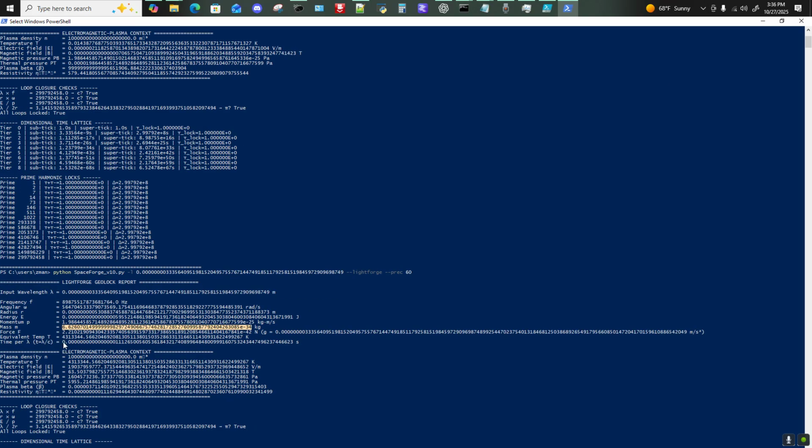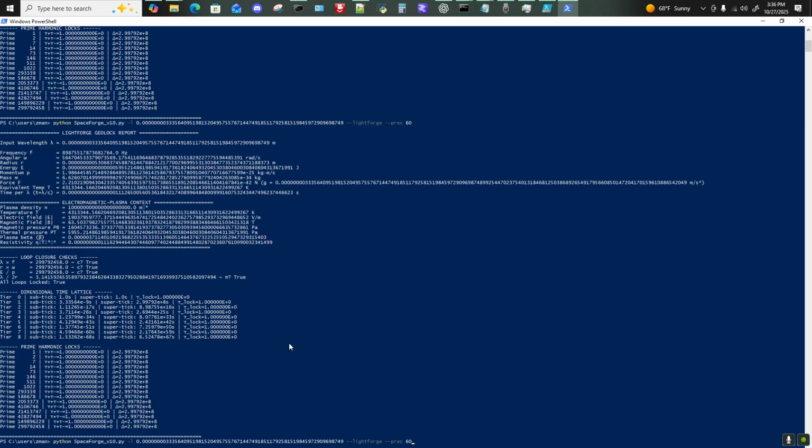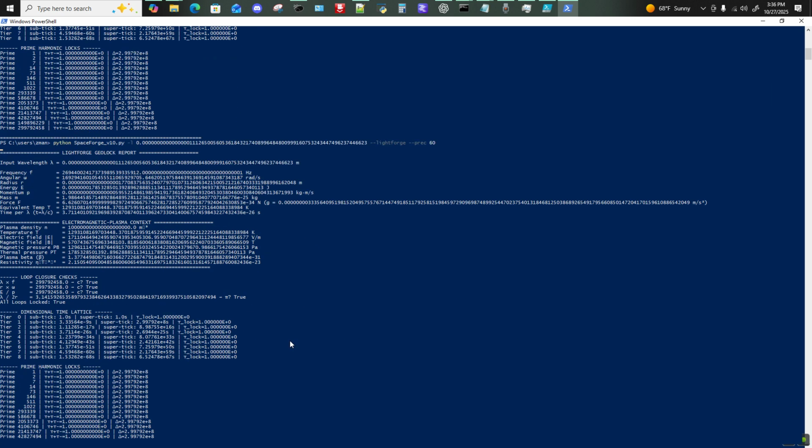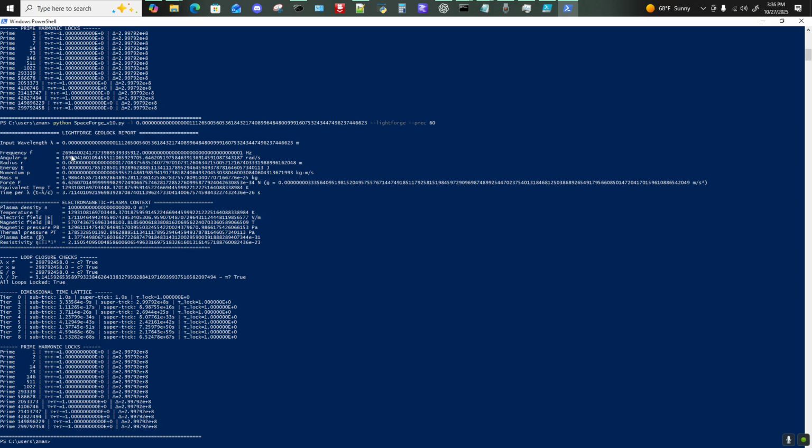Watch, if I take the wave period now for this one and I use that as my wavelength input now, look what happens. Frequency gets multiplied by the speed of light again. So this is the speed of light squared multiplied by the speed of light again. And if you look here, this number right here has shifted to mass. Planck's constant h has shifted to force.